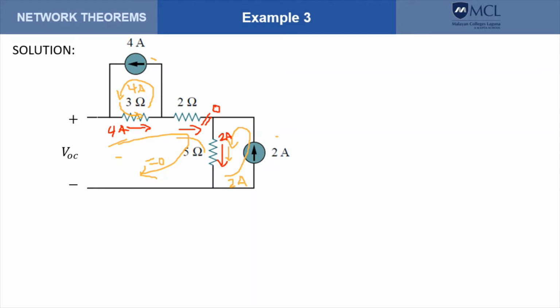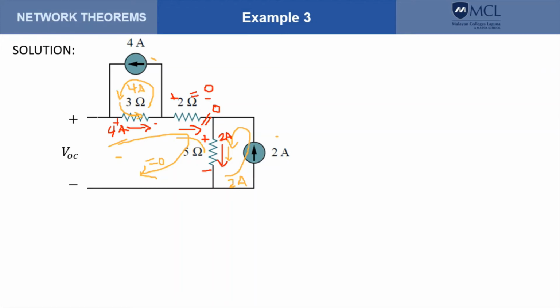Then we also indicate the polarity of the voltage across the resistances. So here this is positive, this is negative based on the direction of the current. This is positive, this is negative, this is positive, this is negative, but the voltage here is actually 0 because the current there is 0.